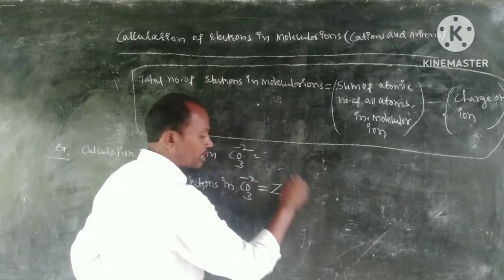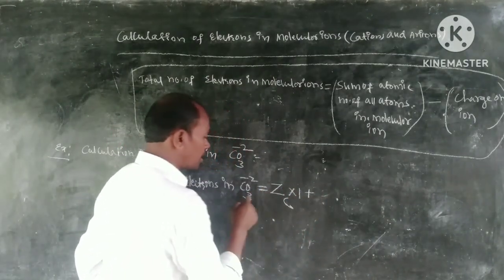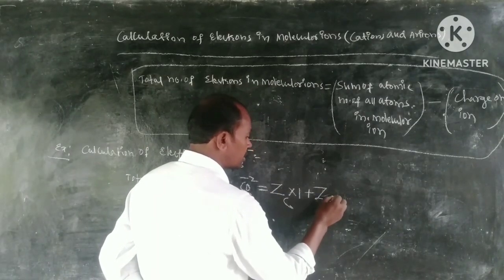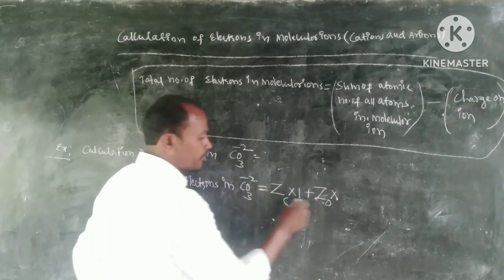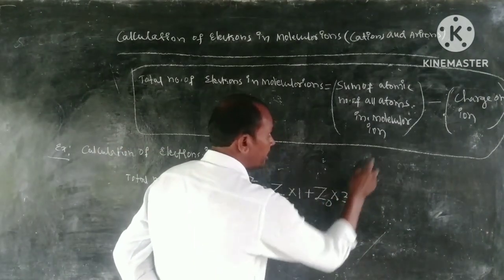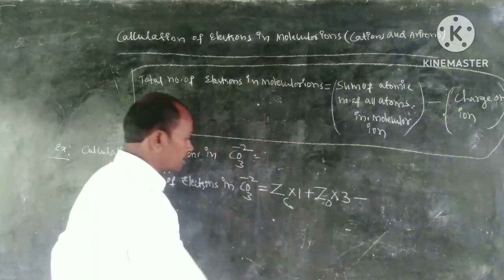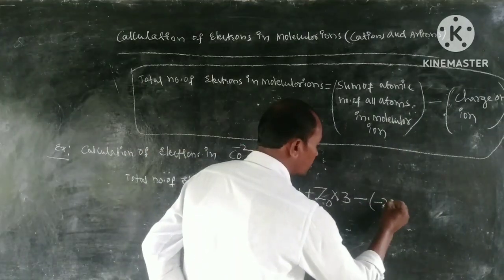Only one, plus the atomic number of oxygen into how many oxygens are there? 3 oxygens, so into 3. Next, minus the charge on the ion, which is minus 2.